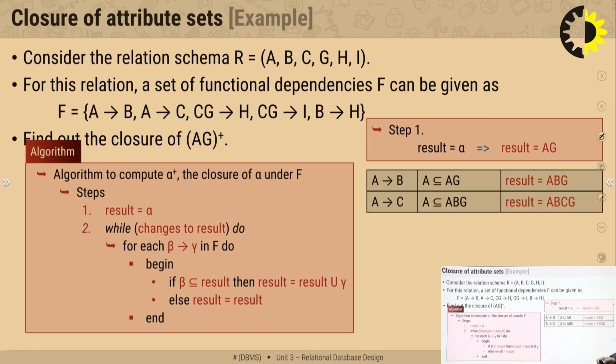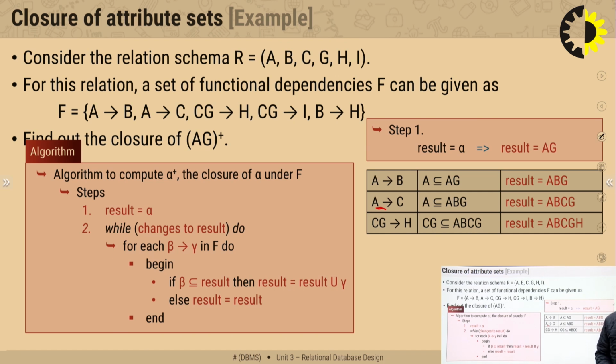Next FD is A determines C. Now this A is a subset of ABG, that is result equal to ABG union C. Result will be ABCG. Next CG determine H, that is this CG is a subset of the result. Therefore, in new result we will be including H. Now the result will be ABCGH.